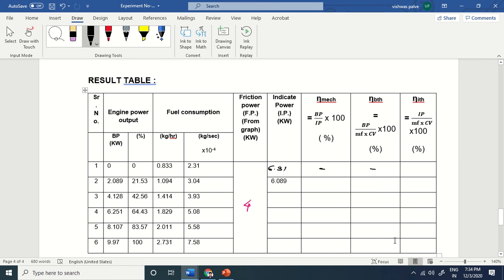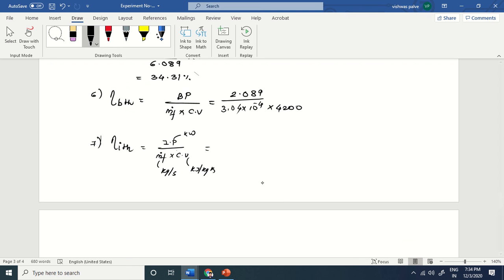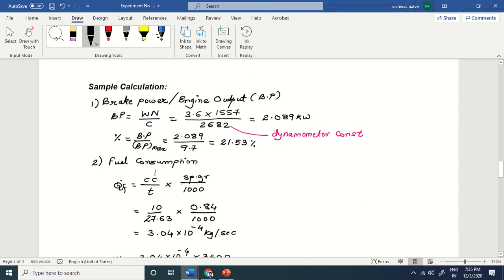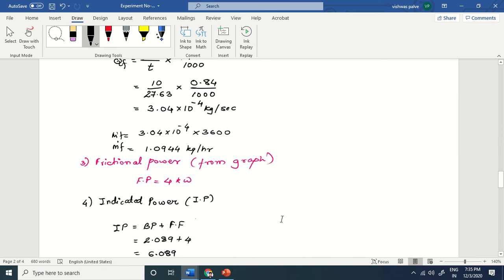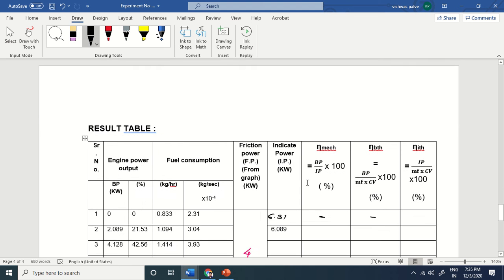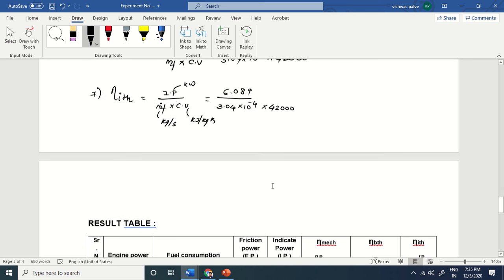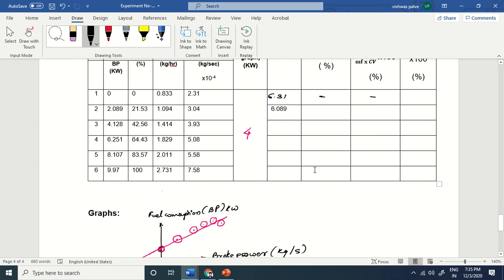It is 6.089, so we take the same value. The value is 6.089 divided by m dot f, 3.404 into 10 raised to minus 4, multiplied by CV 4200. Then calculate the thermal efficiency.